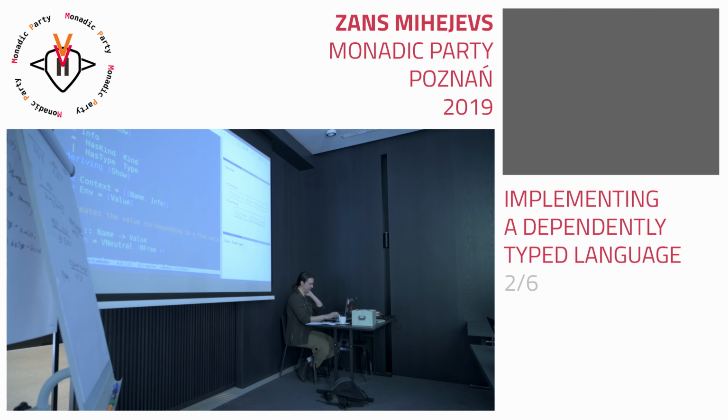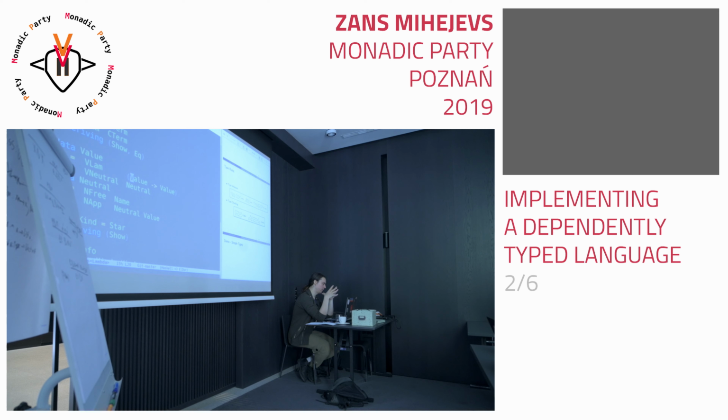Higher order abstract syntax means that we're using the inbuilt function type of Haskell to represent our function type. It has advantages, meaning that we don't need to worry about how we implement substitution, which is good, but unfortunately it means that you can't show a function type.